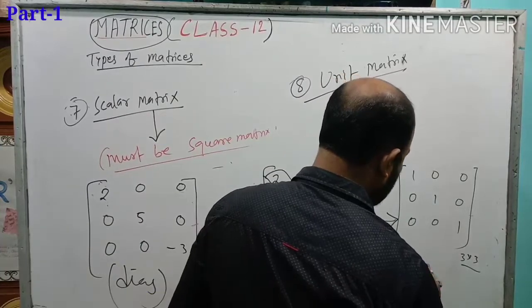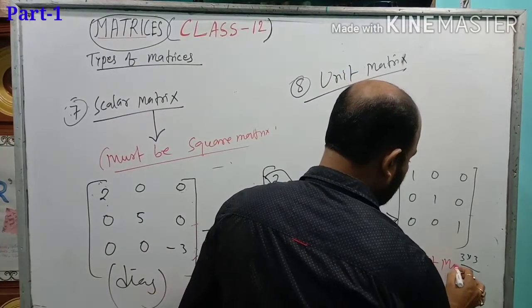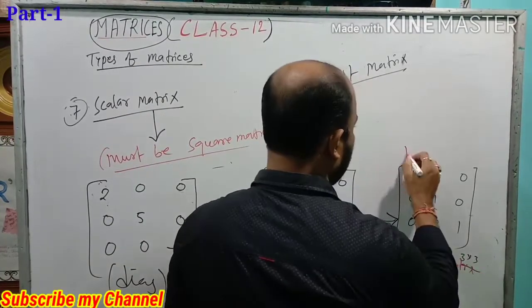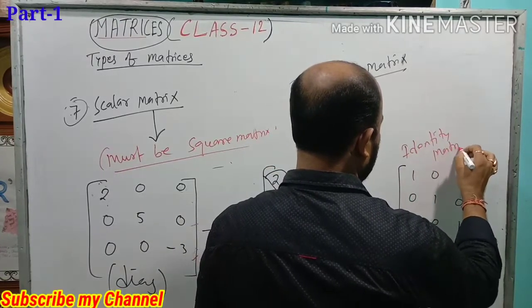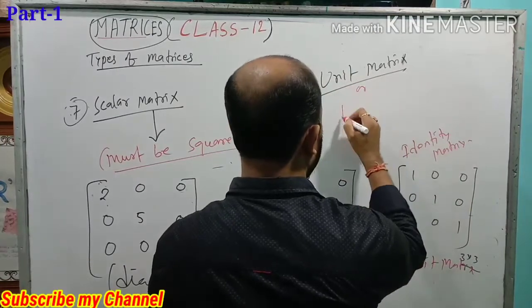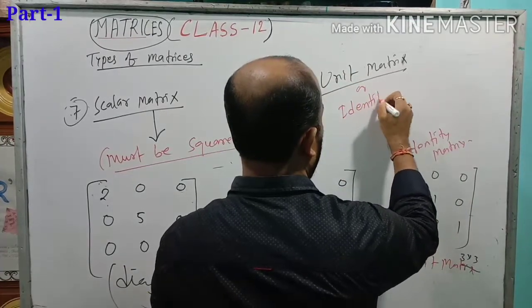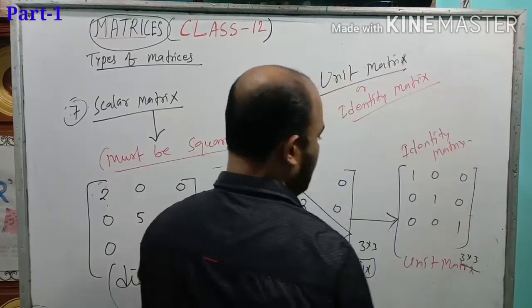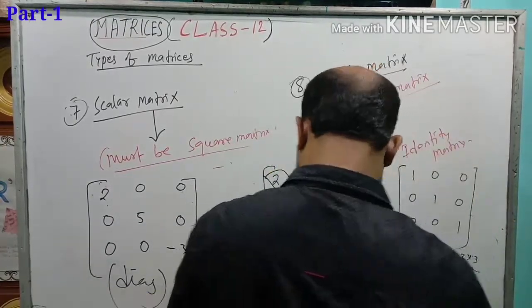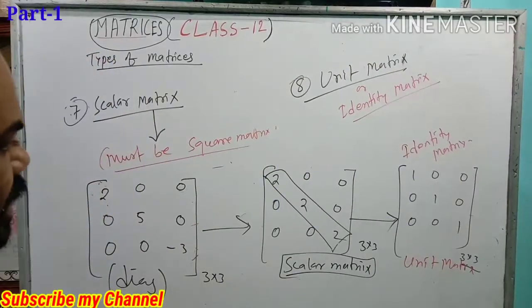That's why this is called a unit matrix or an identity matrix. Clear?